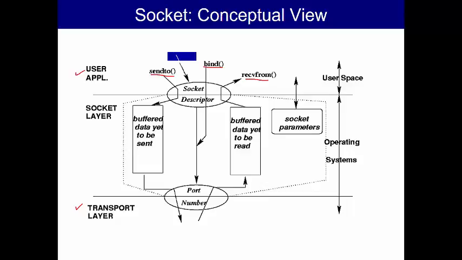So when you say print in a high-level programming language, it automatically works for you, right? But internally, when you do print, it has to connect to a system call, which is in the operating system.